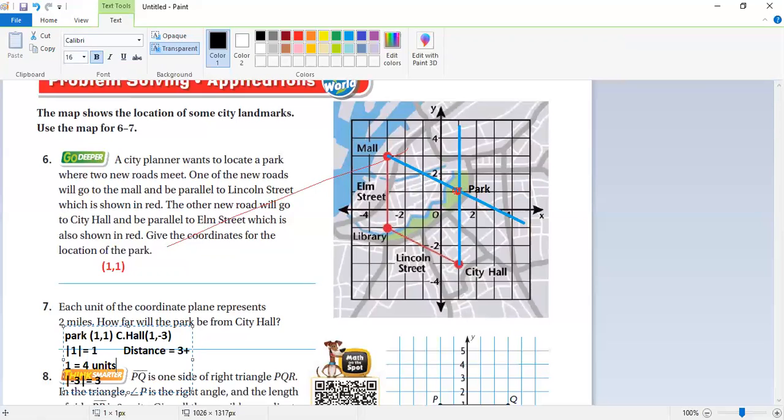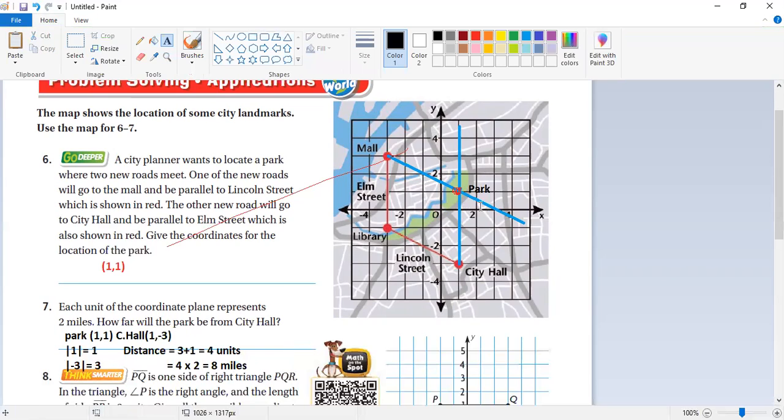That is 4 units. Okay, now I did not write them in miles yet. I only wrote them in units. Now what did they say? They said that each unit is for 2 miles. So we are going to multiply 4 by 2, which is going to be equal to 8 miles. So it's the same as when we counted.